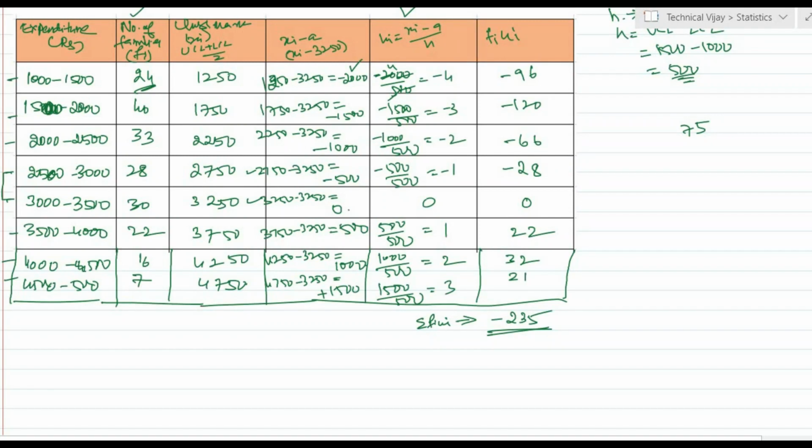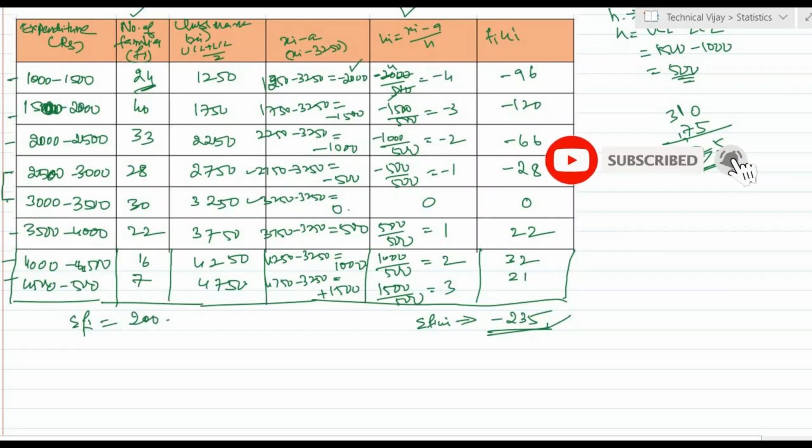The negative value sum is 96 plus 120 plus 66 plus 28, which is 310. So 75 minus 310 is minus 235. And sigma fi is equal to 200.